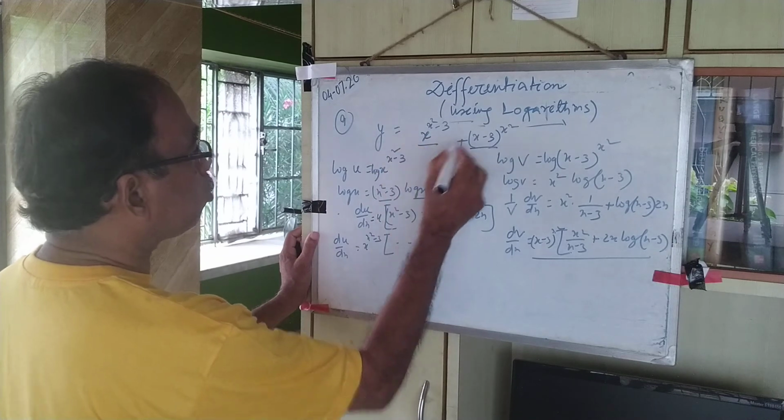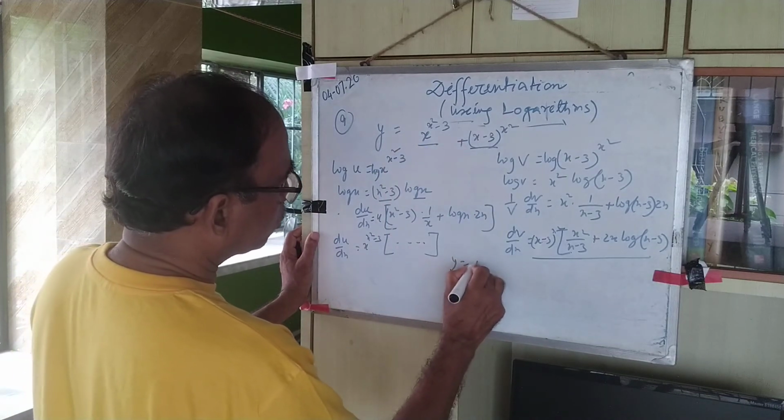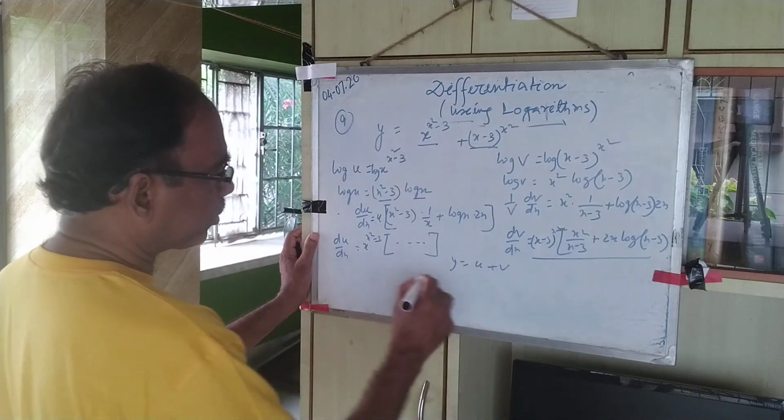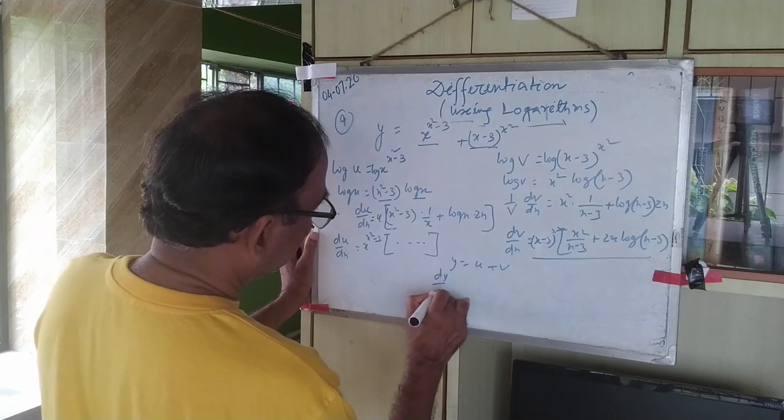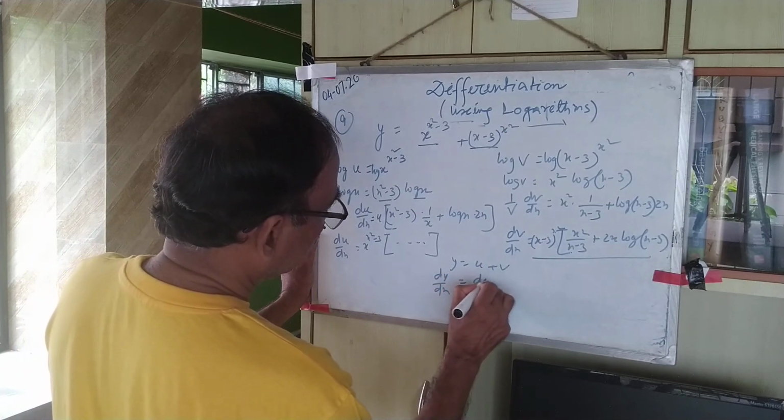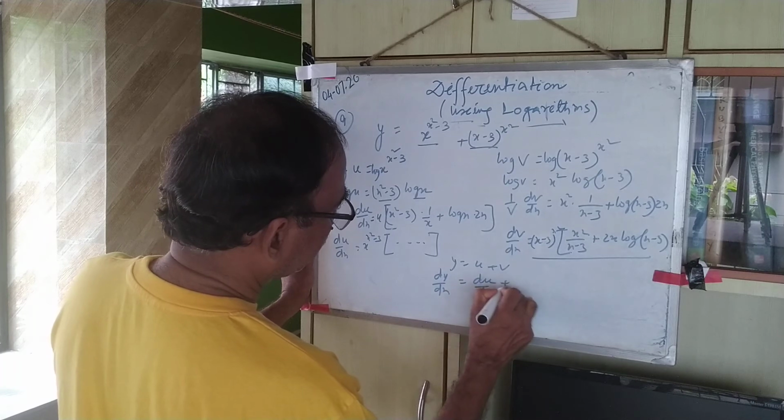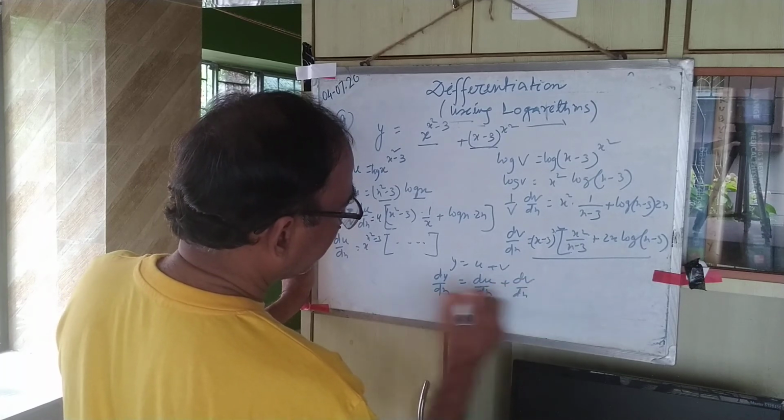Now y equals u plus v. Differentiating both sides, dy by dx equals du by dx plus dv by dx.